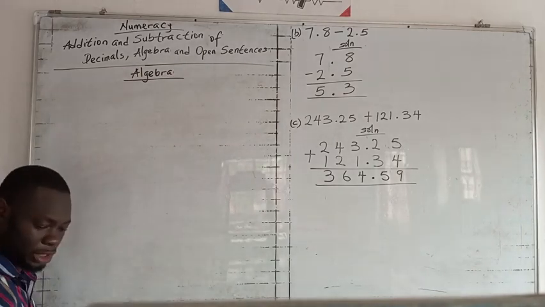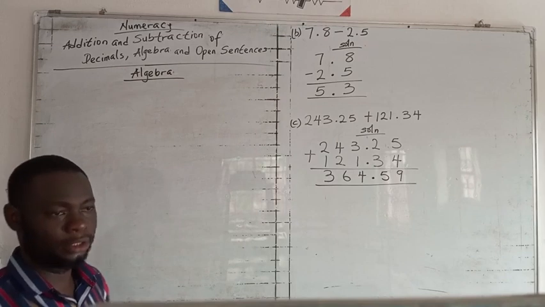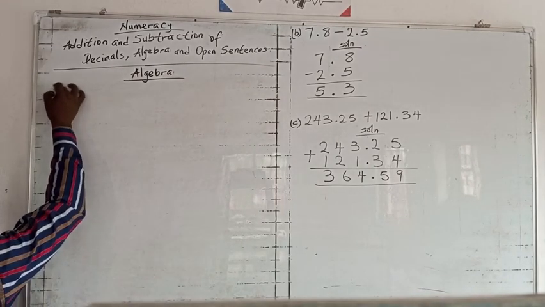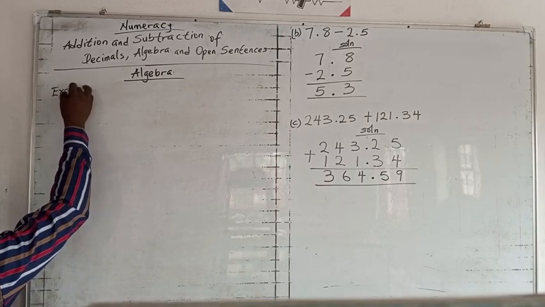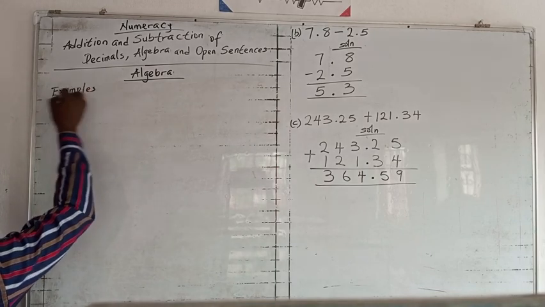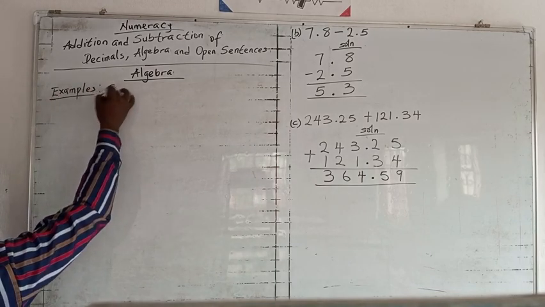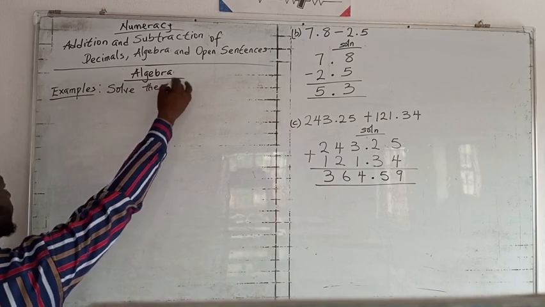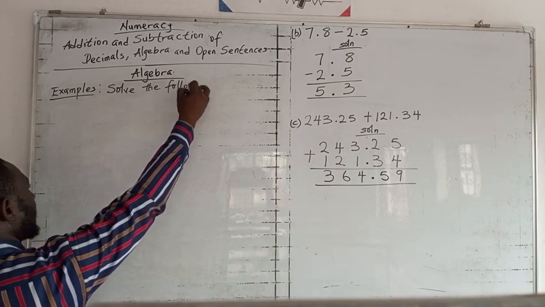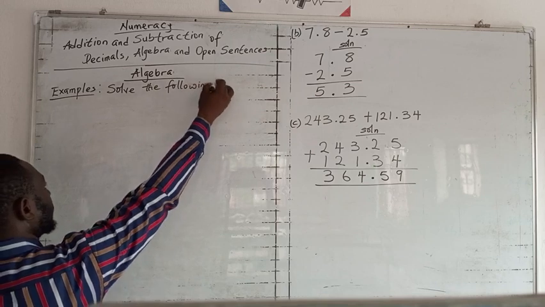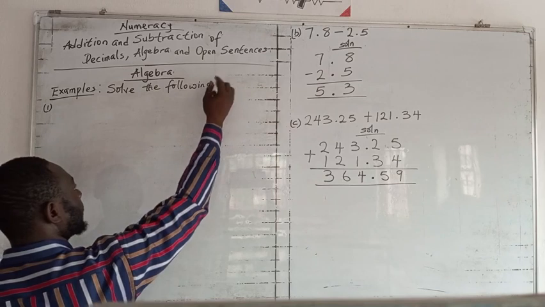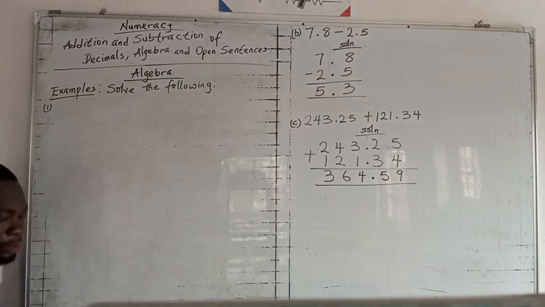So we are looking at addition and subtraction of algebra. Alright? Examples. Solve the following.